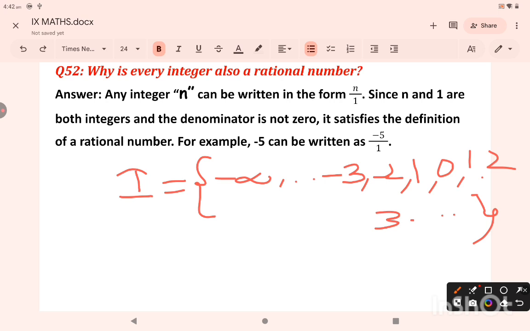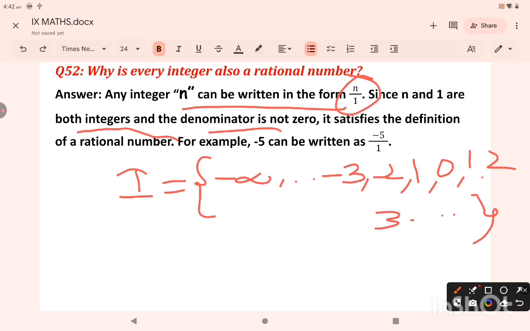Any integer n can be written in the form of p by q. That means n can be written as n by 1. Since n and 1 are both integers and the denominator is not 0, it satisfies the definition of rational numbers.